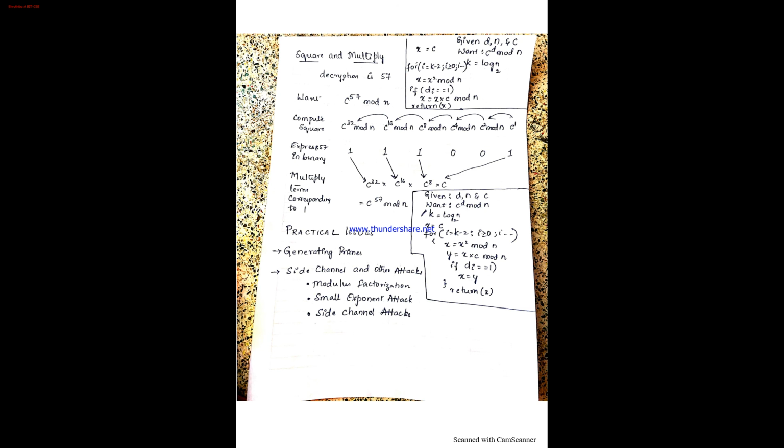If any number within the square root of P is a factor, then definitely that cannot be a prime number, isn't it? So that method you can make use of to check whether a number is prime or not, and it will also be known to the attacker. So generating primes itself is one of the loopholes of RSA.